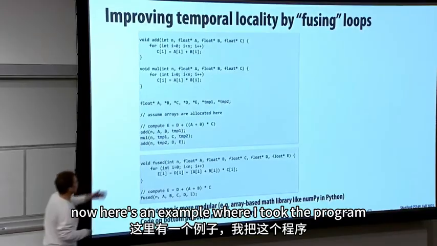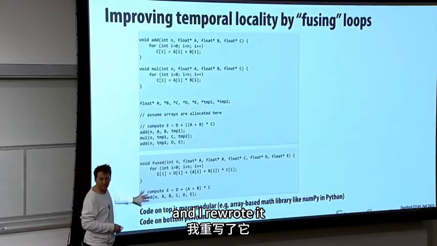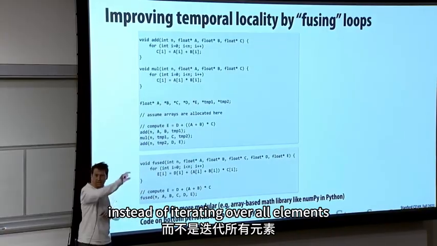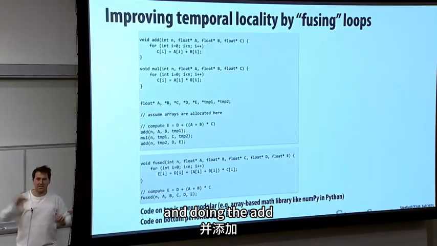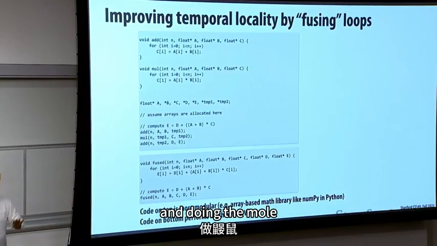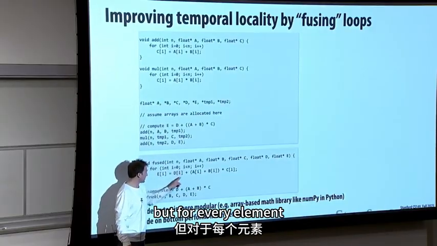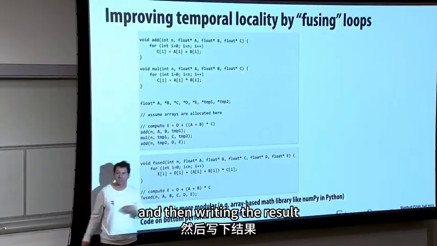Now here's an example where I rewrote the program. Instead of iterating over all elements and doing the add, and then iterating over all elements and doing the mul, I'm iterating over all elements, but for every element, I'm doing the entire expression and then writing the result.